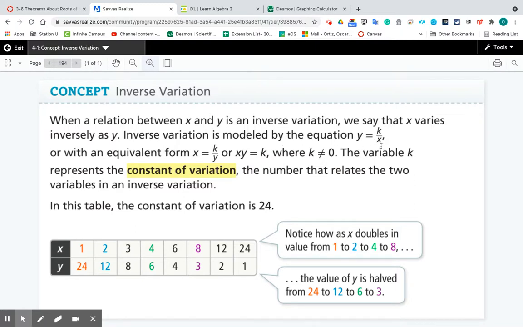Notice that in this case, if we multiply by x on both sides of this equation, we will get x times y equals k, which is constant. So that means that when you multiply the two variables, the answer is always the same. So we can express the same relationship by doing y equals k over x or x equals k over y. And this is a good example here where all the multiplications or products are always the same. So please keep that in mind.